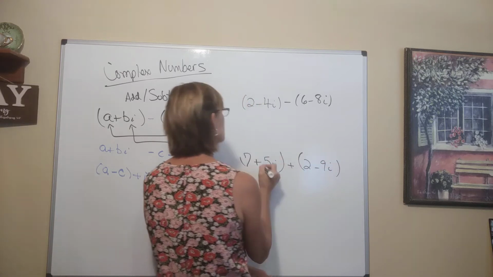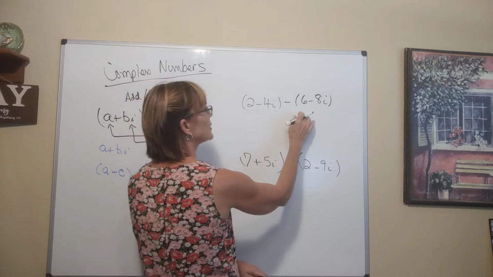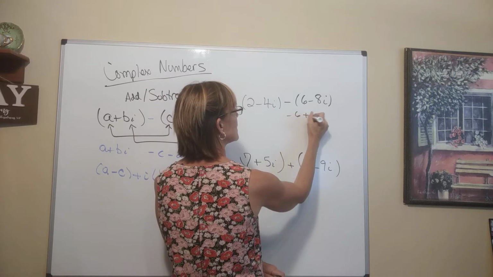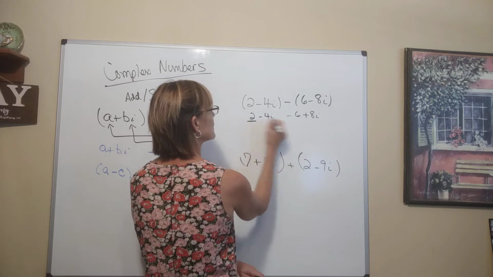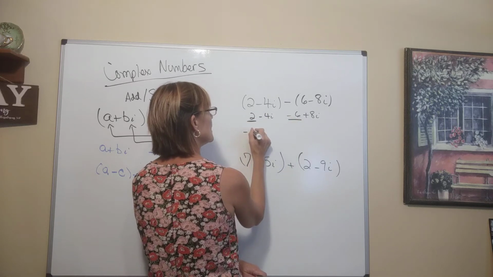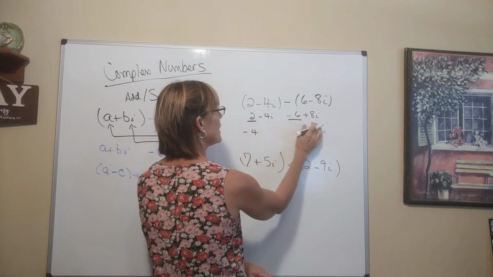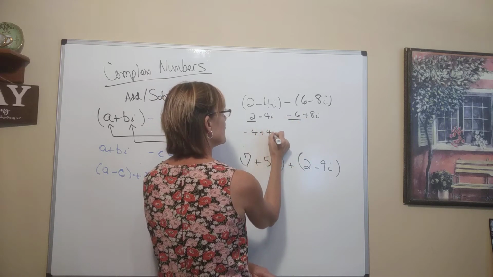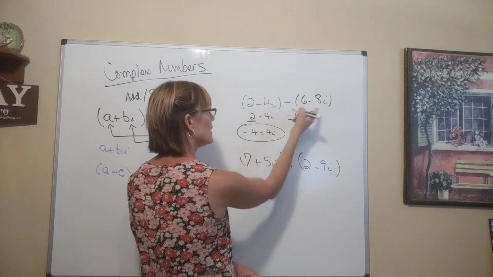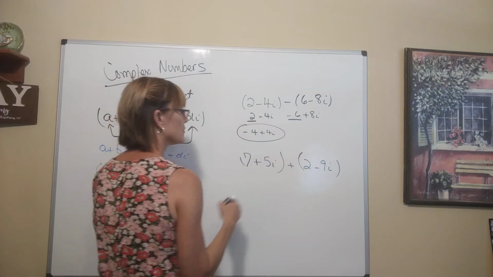Let's add these complex numbers together. Distribute the negative: minus 6 plus 8i. Add the real parts together, 2 plus negative 6 is negative 4. Add the imaginary parts together, negative 4 plus 8 is a positive 4i. That would be the subtraction of those two numbers.